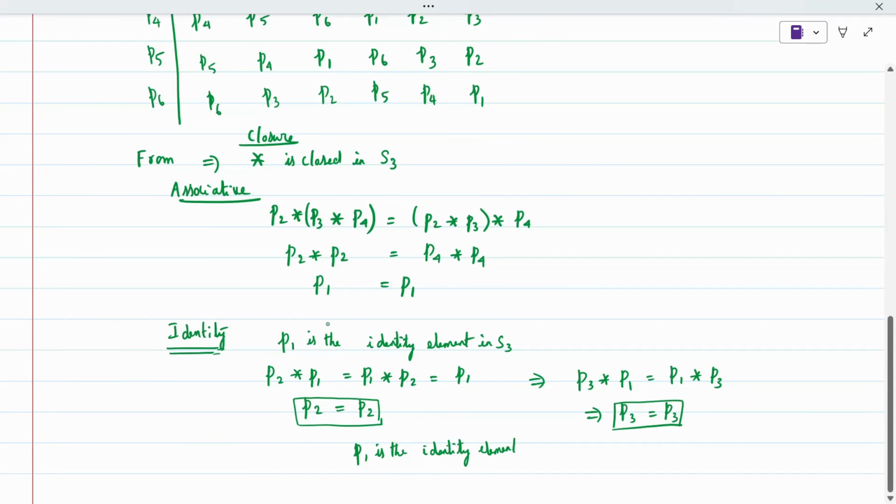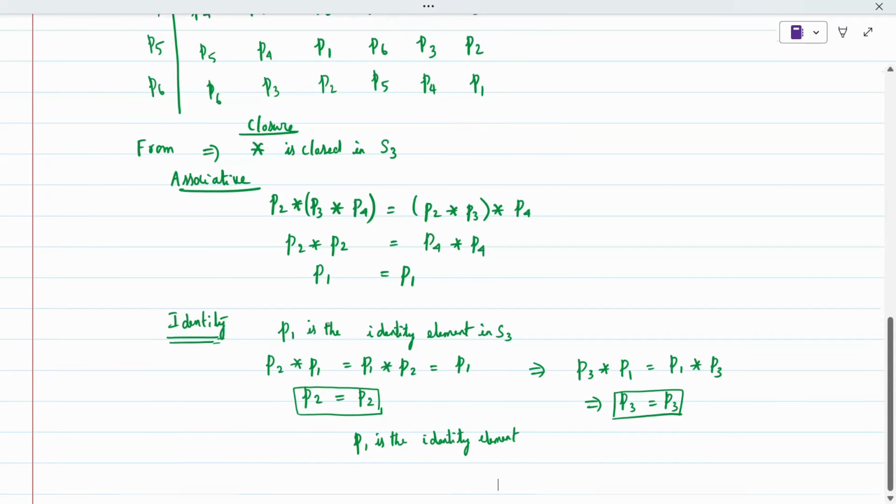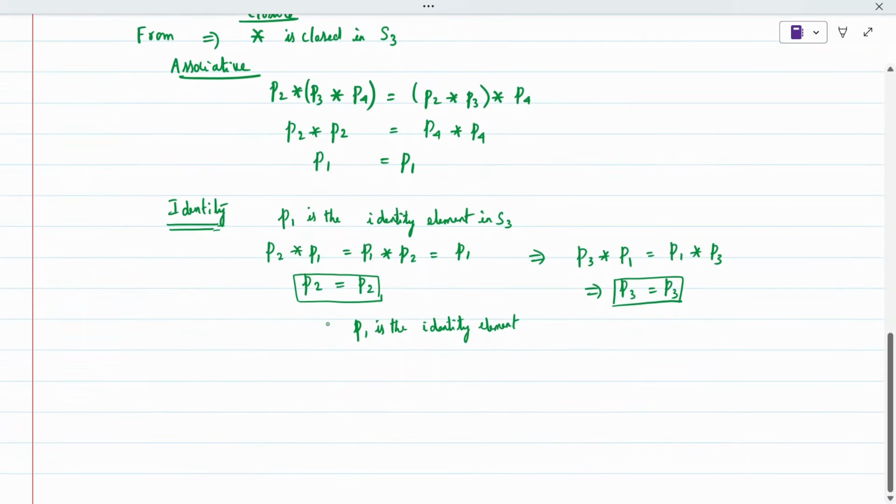So now inverse. The fourth condition is inverse. When we prove for the inverse, I don't know which is the inverse. So P1 inverse is the P1 element. Same way, P2 inverse is P2 and P3 inverse is P3, and it goes on.